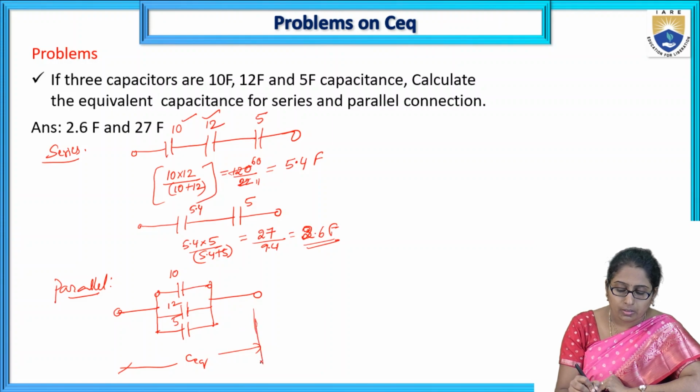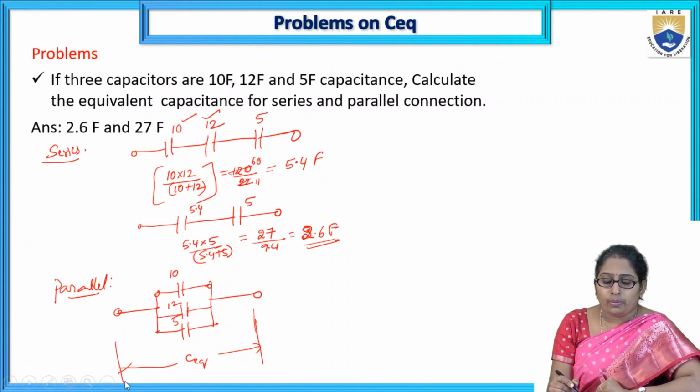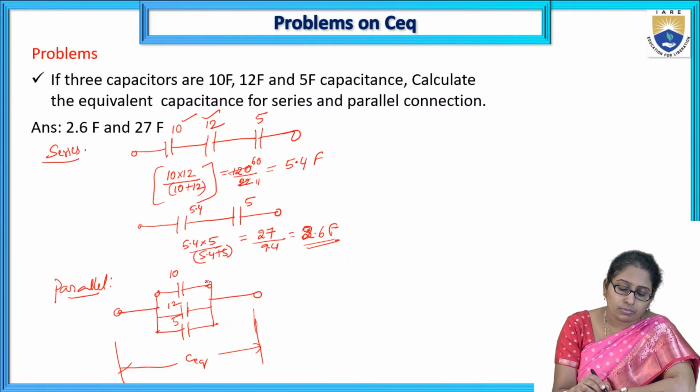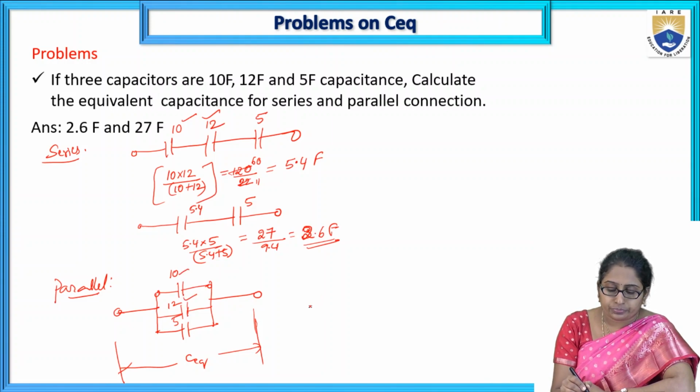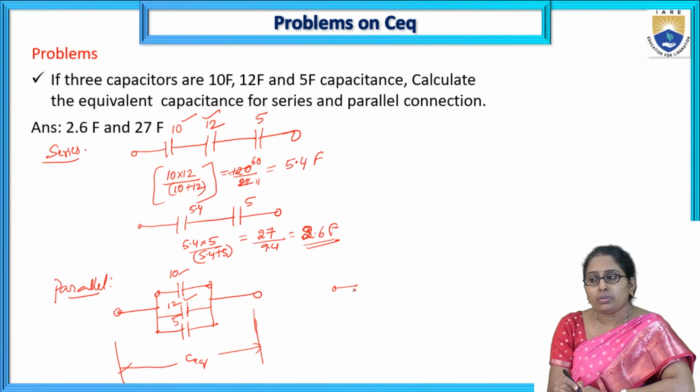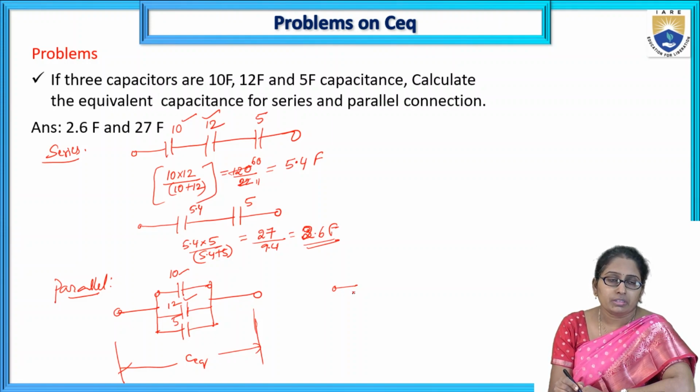We know that when capacitors are in parallel, the equivalent value is given simply by the sum of all the capacitances. That is the basic relation.